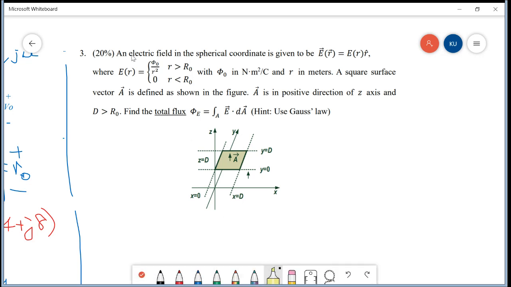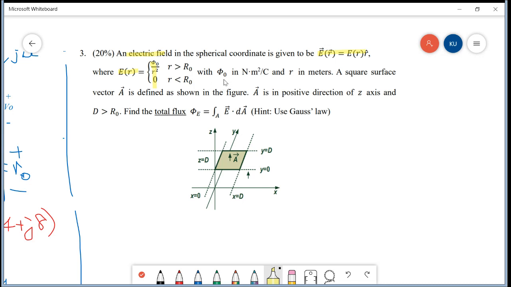So for an electric field in the spherical coordinate, like this, ER is this one. For R larger than R0, it will be capital phi 0 over R squared, and within R equals R0, the electric field is 0.